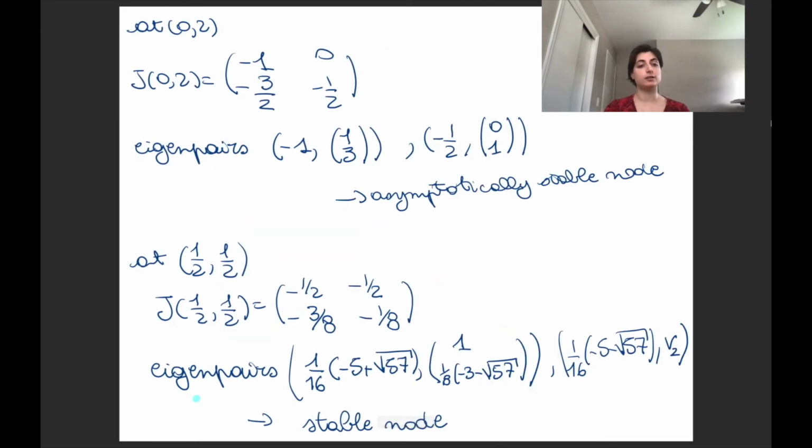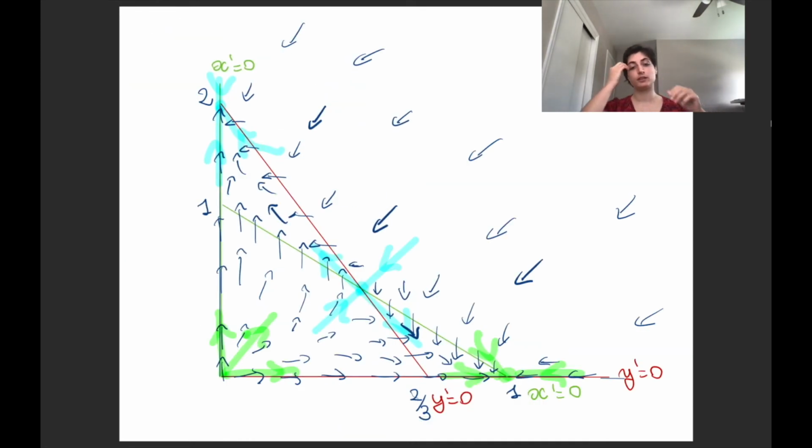We can do the same at (0, 2), and we find an asymptotically stable node, and at (1/2, 1/2), that gives us a saddle. So again, we find that (1/2, 1/2) has one direction in which things move towards it, and one direction in which things move away from it, and (0, 2) has everything moving towards it.